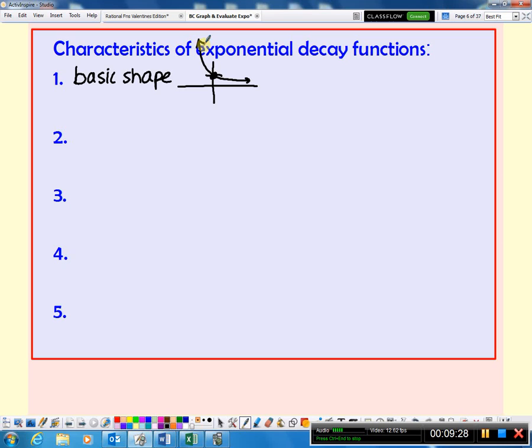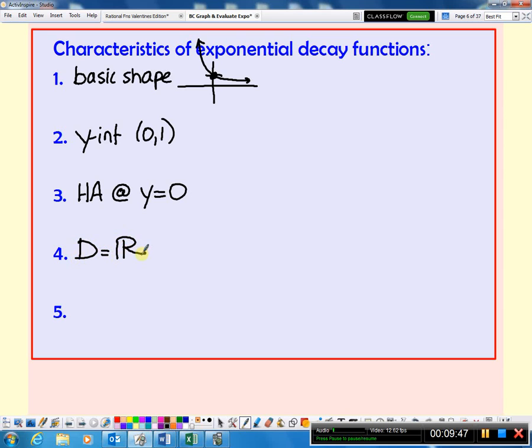That means they all have a y-intercept, once again at 0, 1. Anything to the 0 power is 1. They all have a horizontal asymptote, which overlaps the x-axis. They all have a domain of all real numbers, and they all have a range of 0 to infinity. So you see that I'm basically, other than the shape, recording the exact same 5 characteristics.